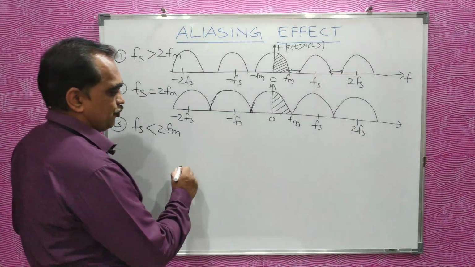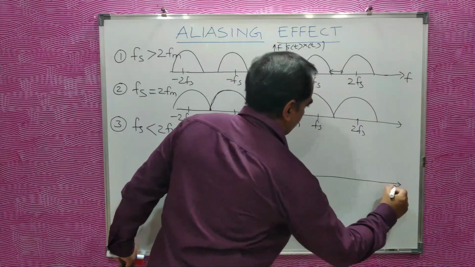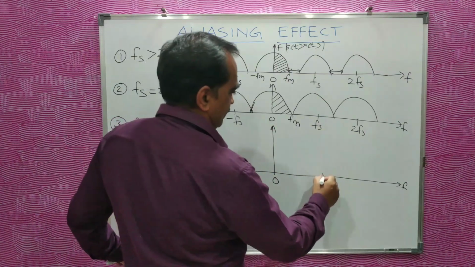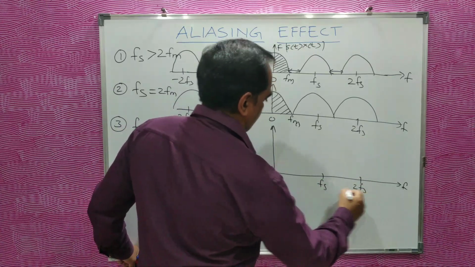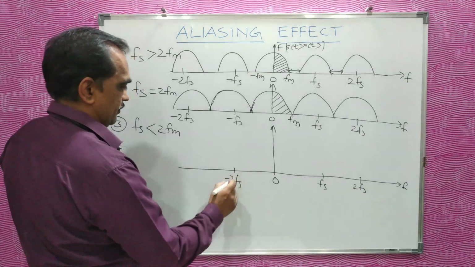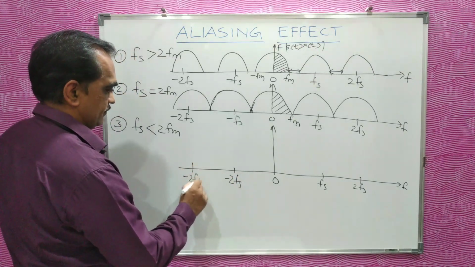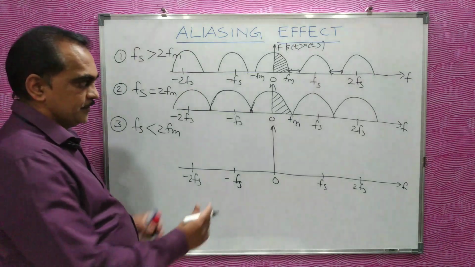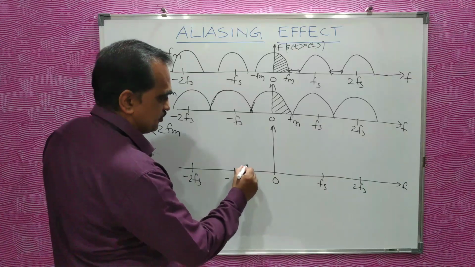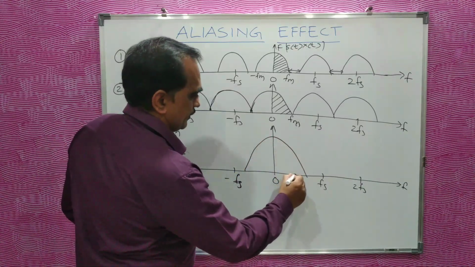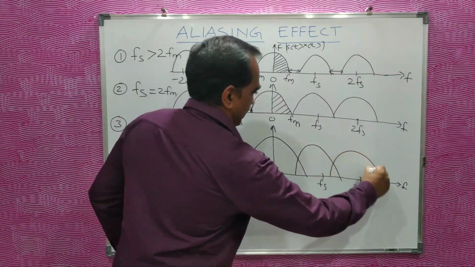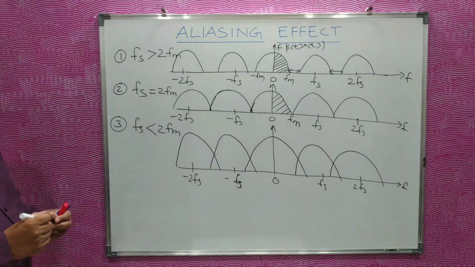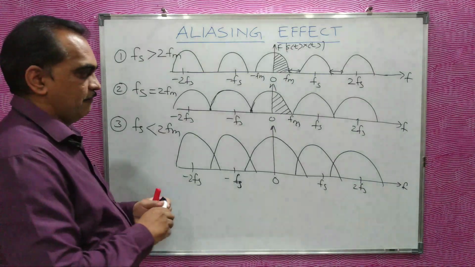If you draw the frequency spectrum for that, this is 0, this is the first centered frequency, this is the second centered frequency, and on the negative side, this is minus Fs and minus 2Fs. Now the Fm part, 0 to Fm and 0 to minus Fm, will be stretched a little like this, and the next will be like this, and the next like this, both here and here. Here this is your Fm.